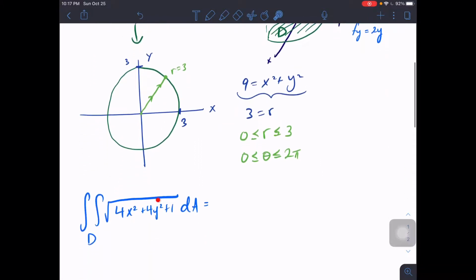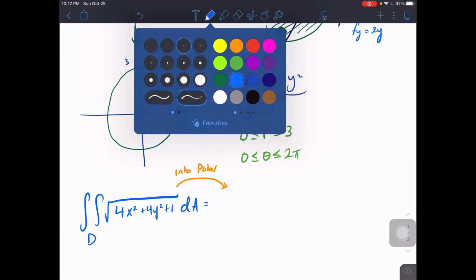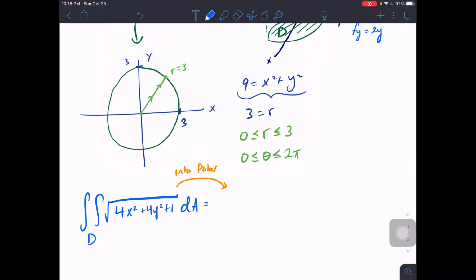Now that I found the function, I want to figure out the bounds, and I want to convert into polar. Okay? And so I'm going to use the bounds that I found: r is bounded from 0 to 3, and theta is bounded from 0 to 2 pi.